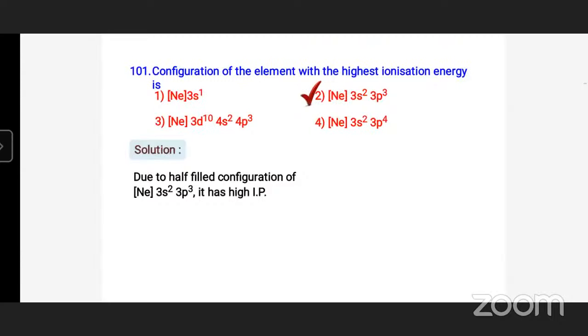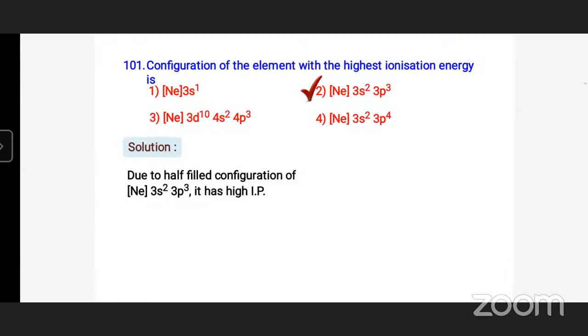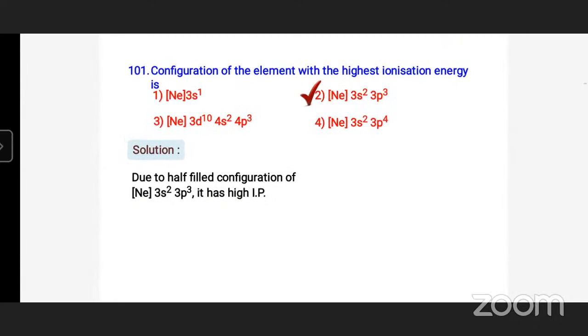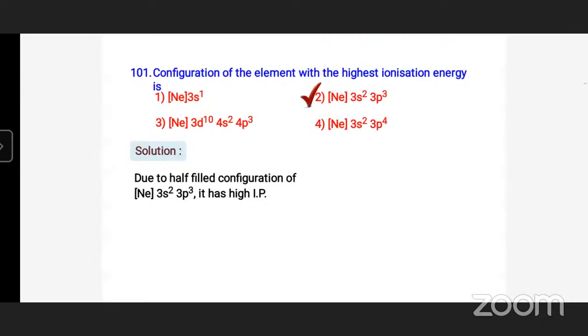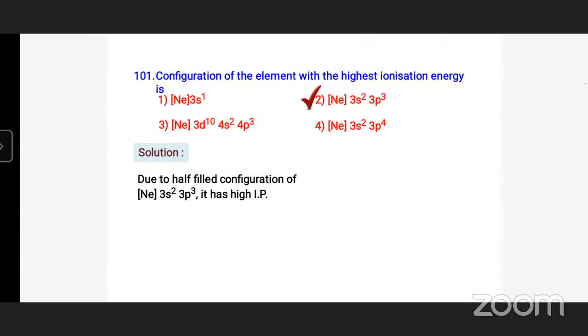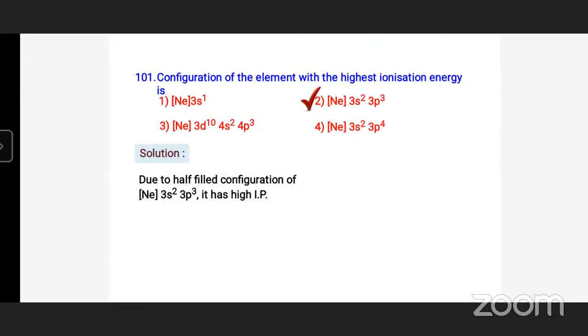the configuration of the element with the highest ionization energy is: number one, neon 3s1; number two, neon 3s2, 3p3; third option, neon 3d10, 4s2, 4p3; fourth option, neon 3s2, 3p4.